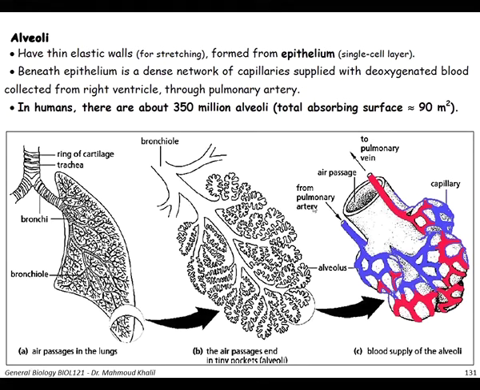You can see that the pulmonary artery carrying oxygen-poor blood is divided into a lot of capillaries that are collected by another set of capillaries to the pulmonary vein. So the pulmonary vein carries oxygen-rich blood. Keep in mind that the pulmonary vein is the only vein that carries oxygen-rich blood.